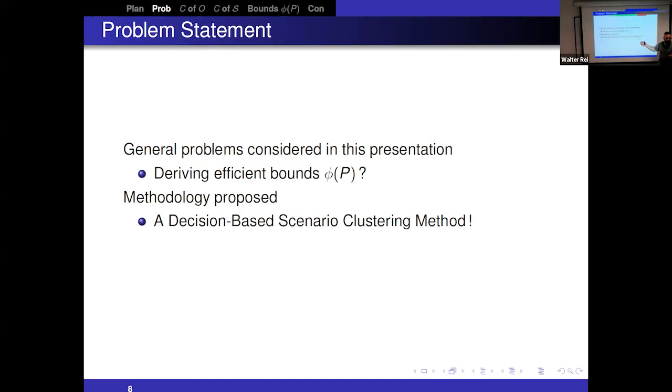And then, well, why not derive bounds? So we derived 3 different bounds using the clusters that are built. So this is kind of, can we derive efficient bounds? Yes, this was the question we ended up answering, and the answer is yes. And this is what we propose, this decision-based scenario clustering method.